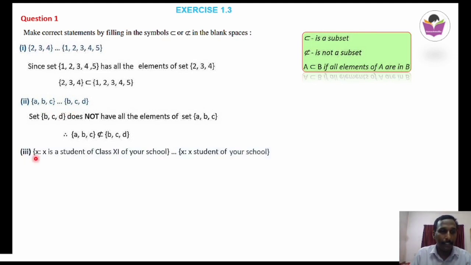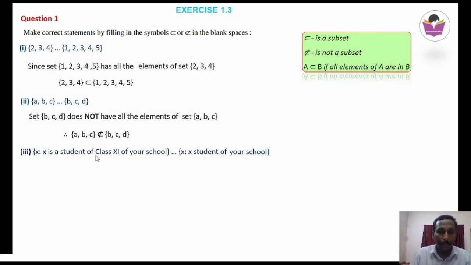And the third one is the set of x such that x is a student of class 11 of your school, dash, the set of x such that x is a student of your school. So here x means x is a student of class 11 of your school, one of the class 11 students. And the other set is the entire students of the school.